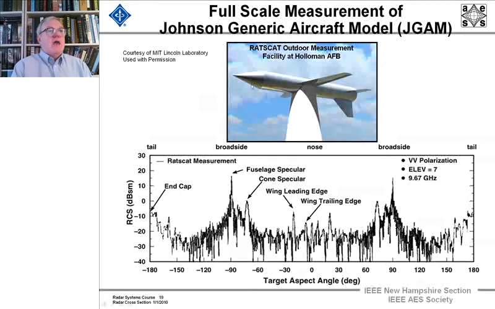At a scattering range at Holloman Air Force Base, here is a full-scale measurement of what is known as a Johnson Generic Aircraft Model, a JGAM. And it's a very smooth object that is used for testing radar cross-sections.